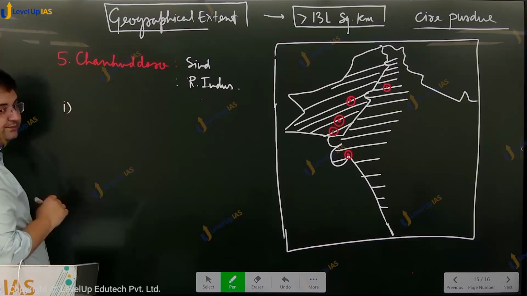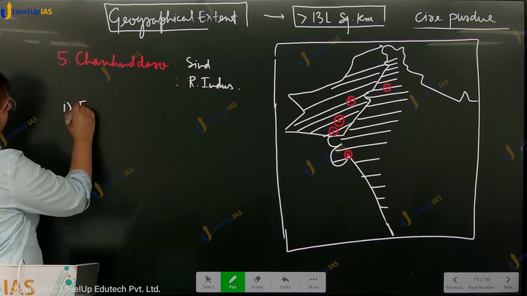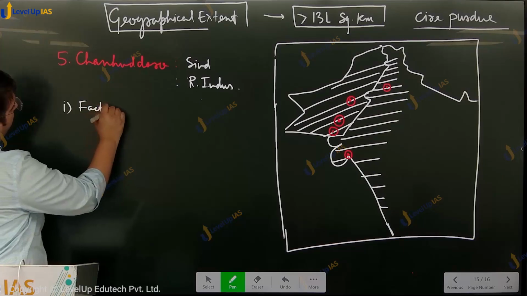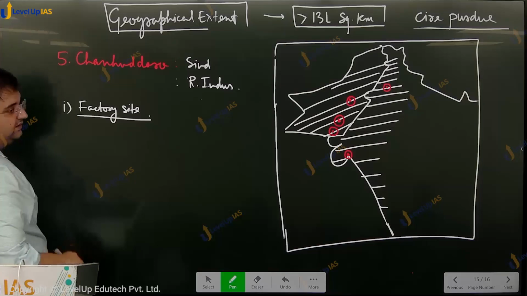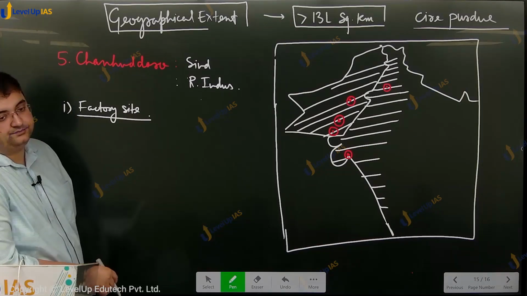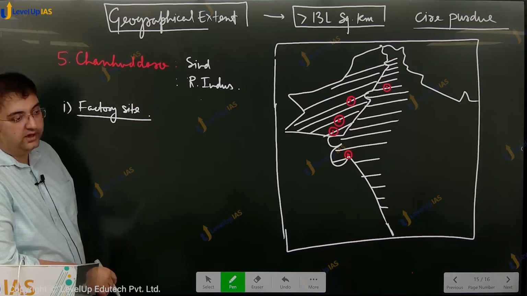Important findings. First of all, it was a factory site for manufacture of jewelry. ठीक है?